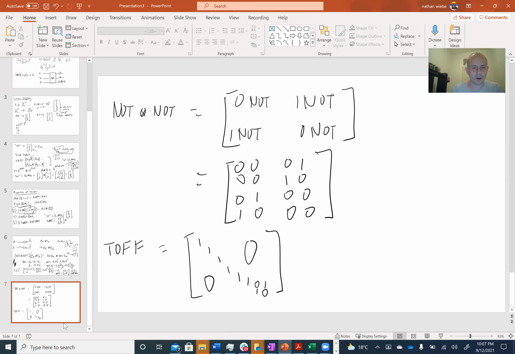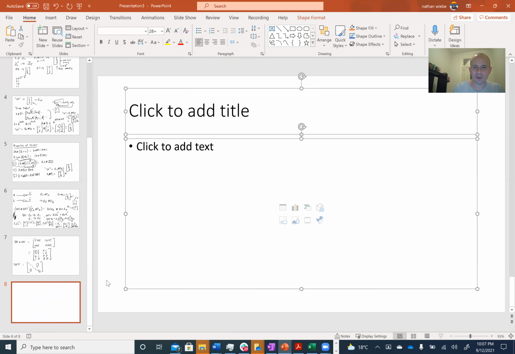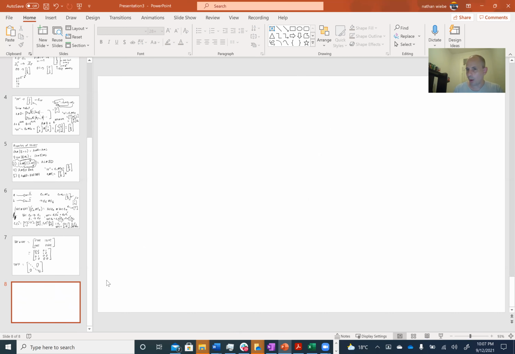The final thing that I want to mention is, okay, from this perspective, what class of matrices do all of our operations end up falling into? So again, our gates that we have, these are now going to be translated to matrices in 2 to the n by 2 to the n.